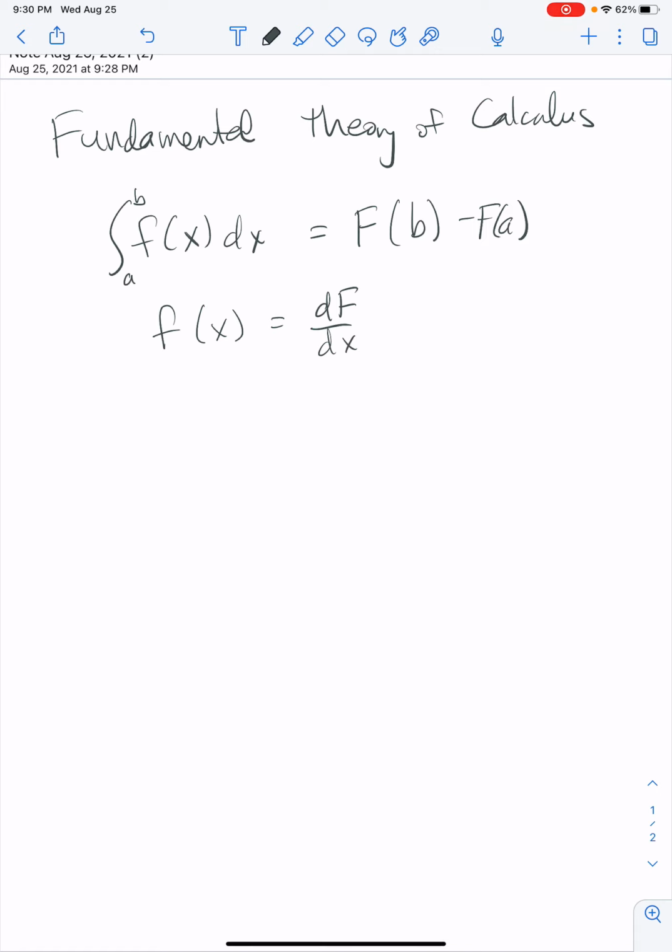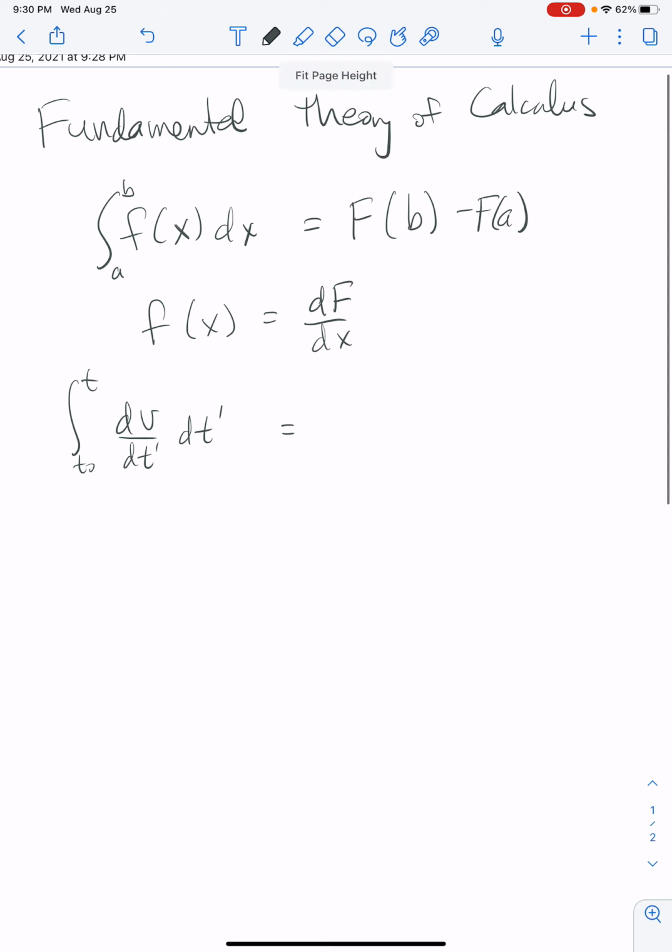And so by analogy to the problem that we were studying today, we had dv/dt' integrated from t naught to t, and we said that that was equal to v of t minus v of t naught.